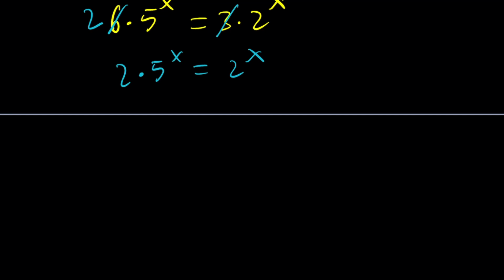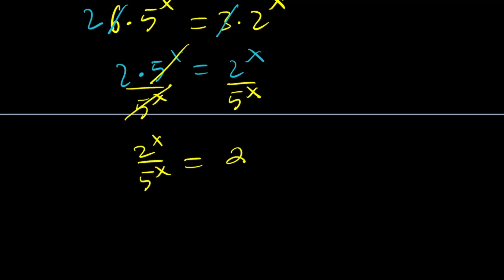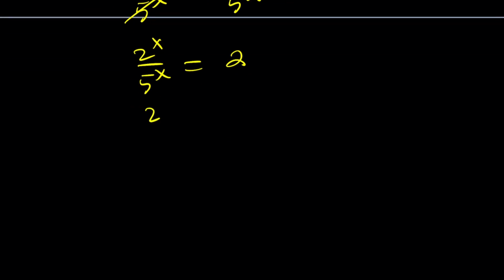Let's divide both sides by 5 to the x. I had to think about it. These two cancel out, and we get 2 to the x over 5 to the x equals 2. Nice. Since we have a common exponent, we can express this as 2 over 5 with a common base and a common exponent like this.